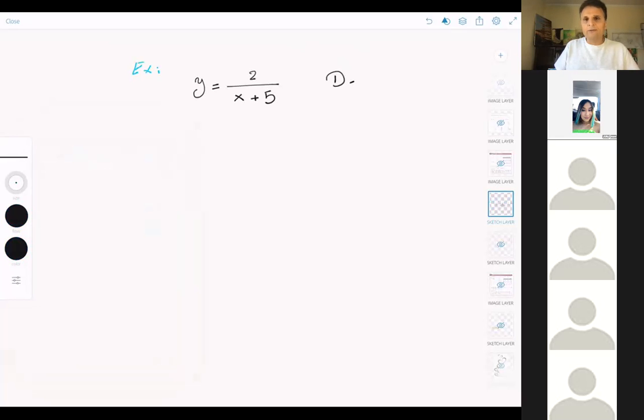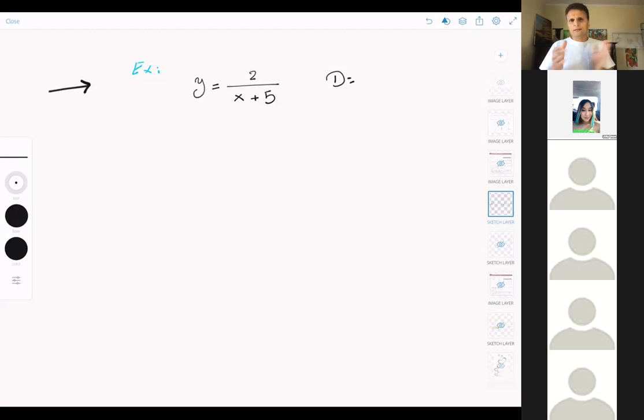What's the domain of this function? What's the domain of this function? We went through this, right?